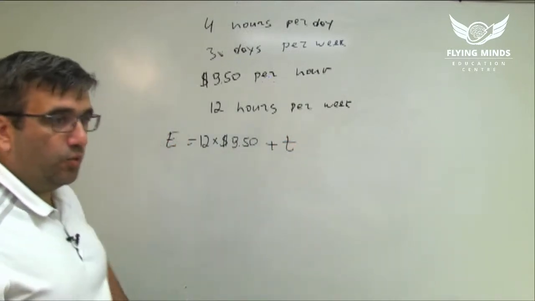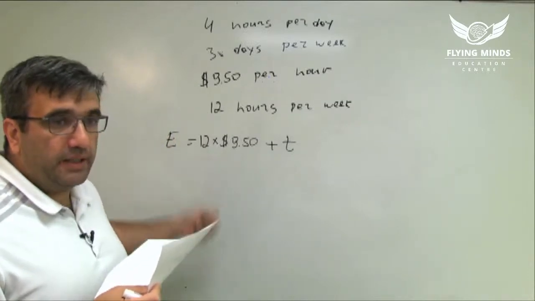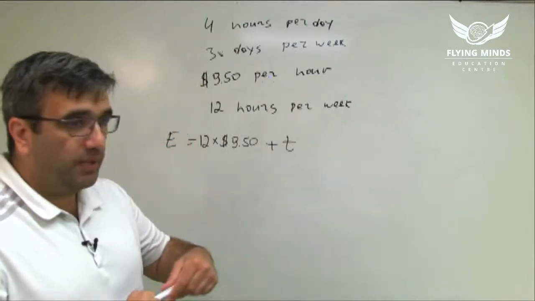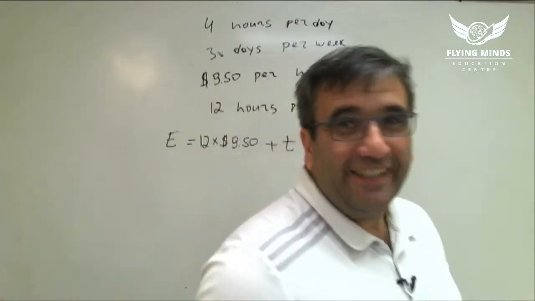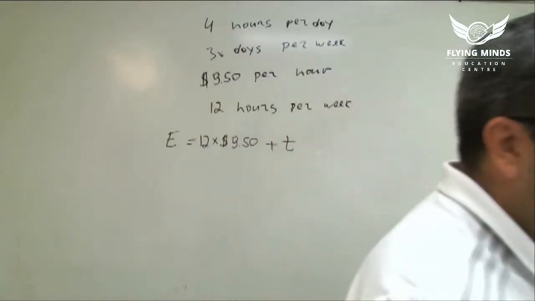So the correct answer will be part D: 12 times 9.50 plus T. So guys, be careful. Read the question to the end.